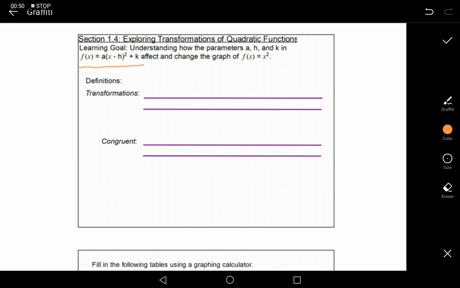So transformations, we're simply going to define as alterations made to the graph of f(x) = x². So f(x) = x² is something that we're going to call the base function.